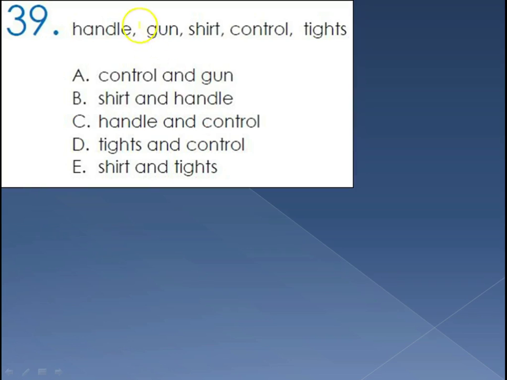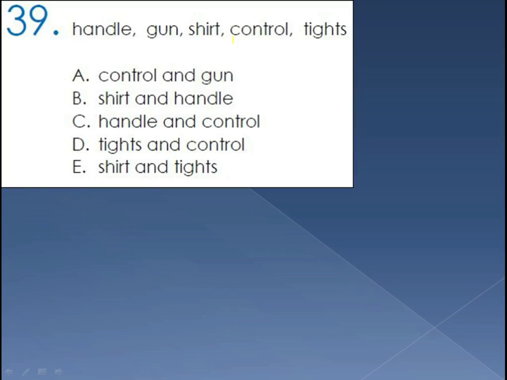Now I'd pick one, say like gun. Is there any word that's similar to gun in this row of words? Or is there a shirt? Is a similar word to shirt, tights? Is that what we call it? No. If you were handling the situation, you could say you were controlling the situation.